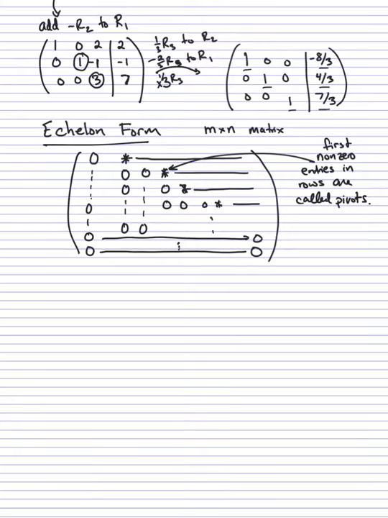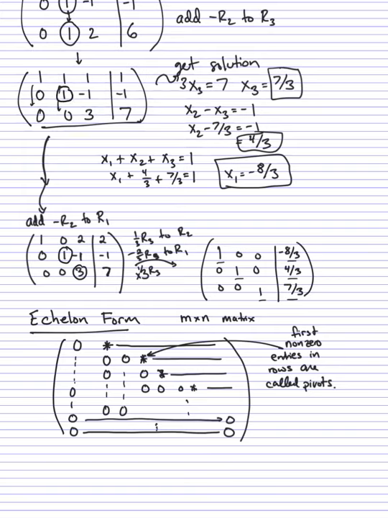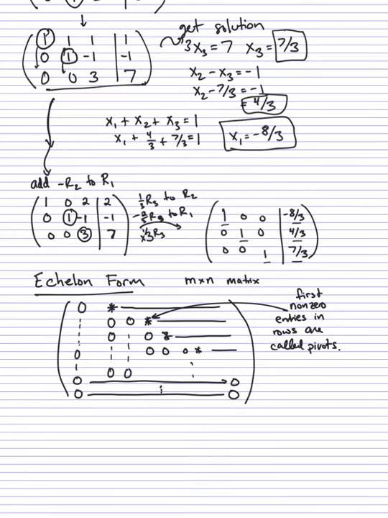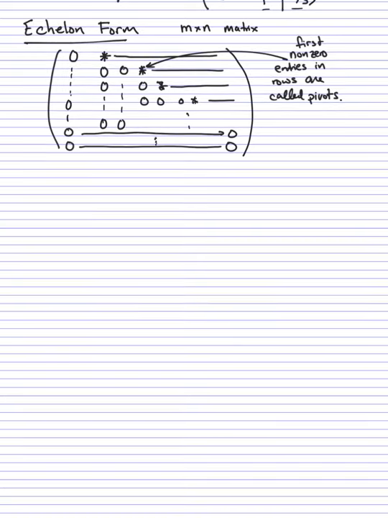I'll bring this up here just so you can see again. So these were the terms that we used to cancel all the other terms in the column. So we wanted to take a column and make all the entries but one 0, and the pivots were the non-zero terms that we used to do that.